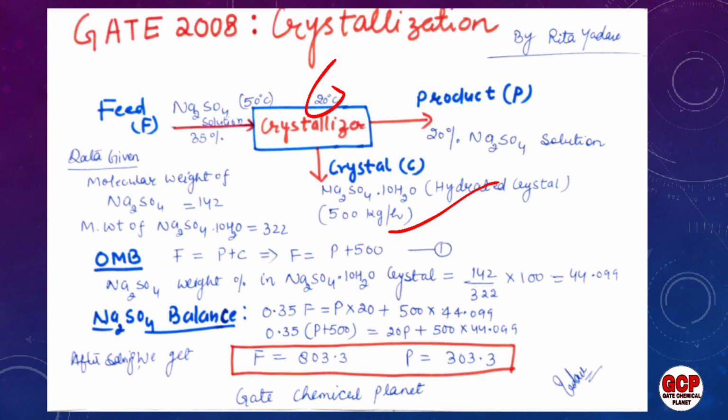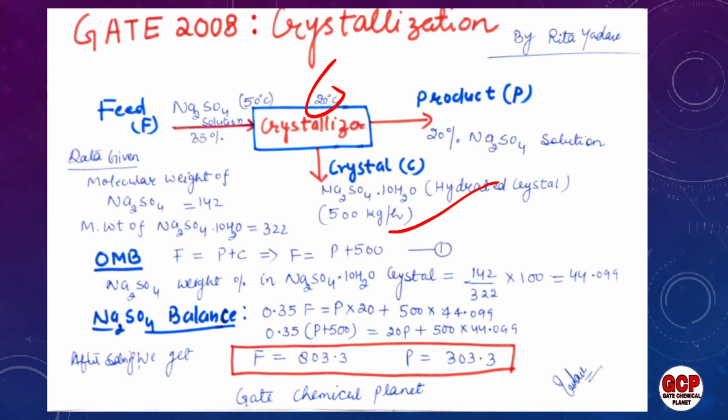Now we will apply the component balance for Na2SO4, and we can write 0.35 into F equals P into 0.20, because 20% Na2SO4 is present in the product and in the feed side 35% Na2SO4 is present in the solution.